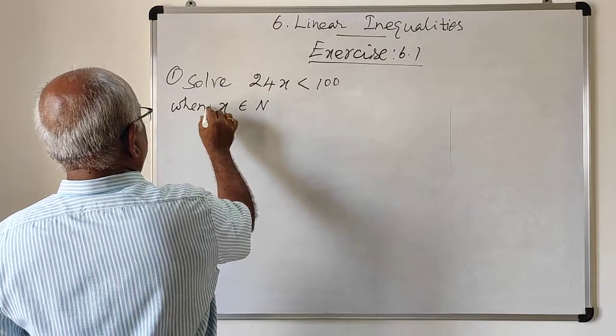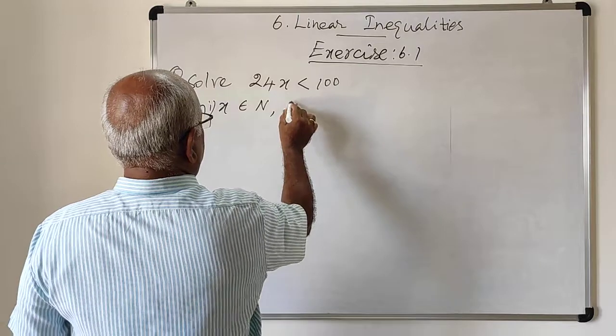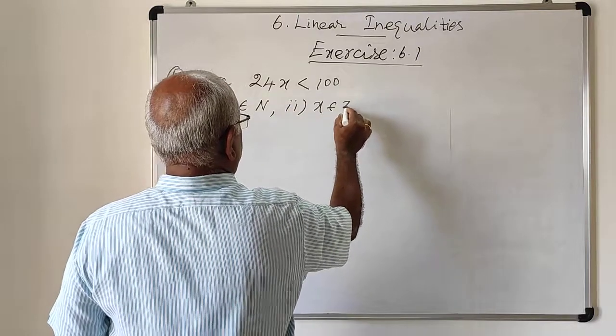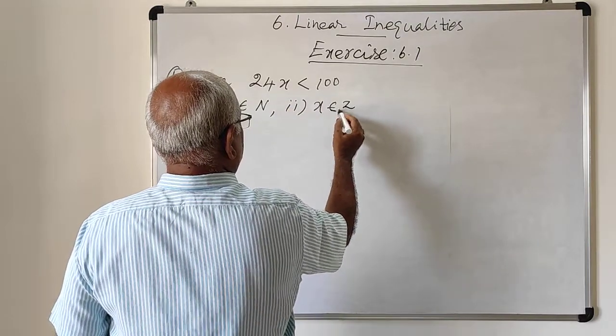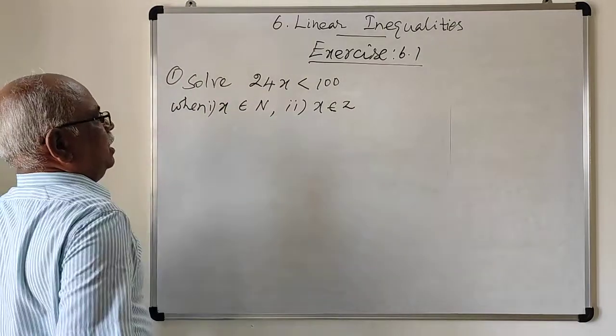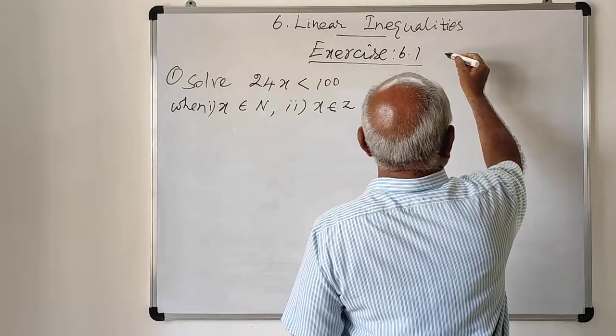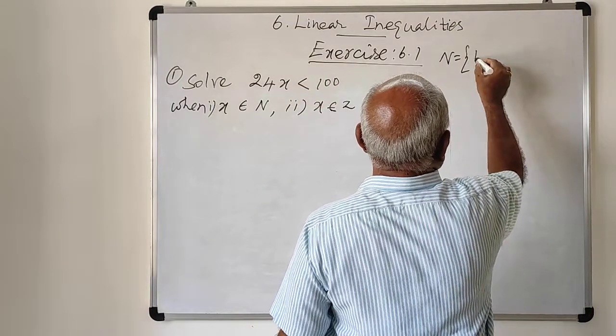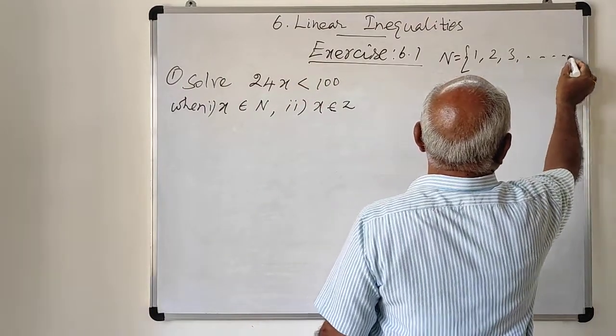First case, when x belongs to a natural number. Second, x belongs to the set of integers. Natural numbers means the set consisting of the numbers 1, 2, 3, etc., up to infinity.